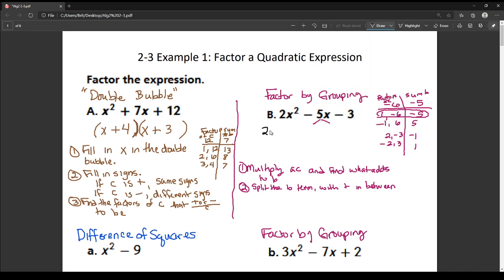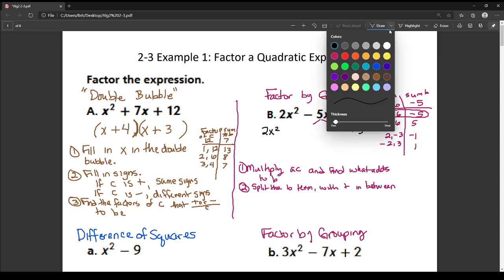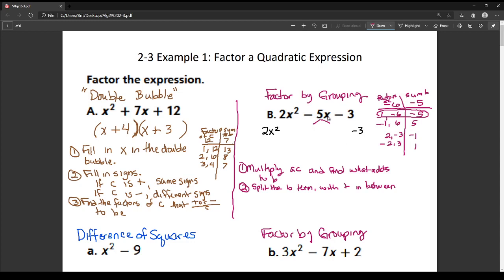So I have 2x squared and I have a minus 3. But that minus 5x, I'm going to turn it into plus x plus negative 6x. Alright, so you see there's the 1x and there's the negative 6x. And if I combine those like terms, it turns into that negative 5x.